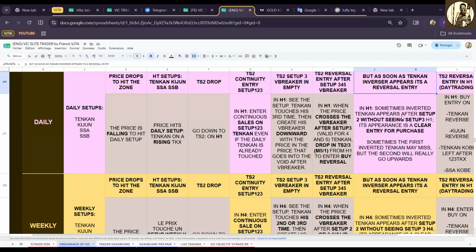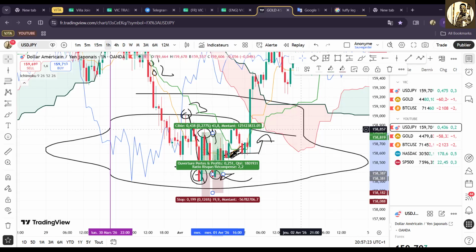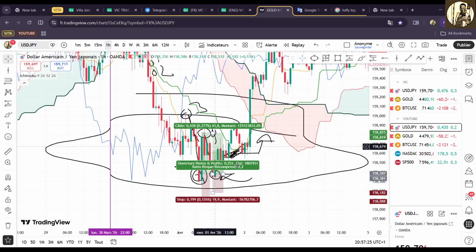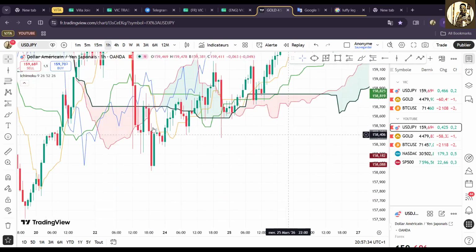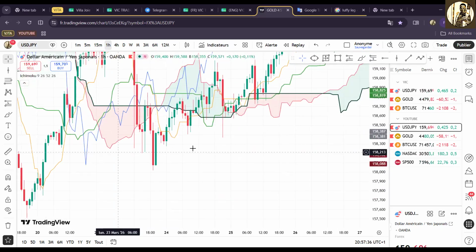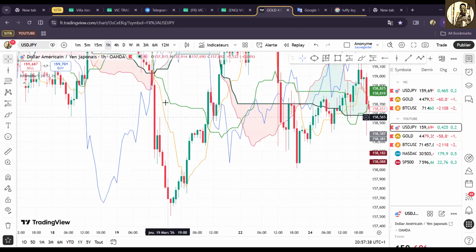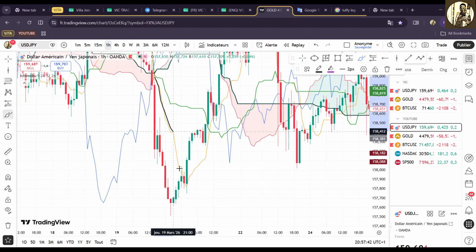Sometimes Tenkan inverted appears after the setup 2 without you seeing the setup number 3. In this case, you even saw setup number 4, 5. But sometimes you only see setup 1, 2, and then Tenkan inverted starts being shown, like this one, for example. This whole Tenkan is below SSB.